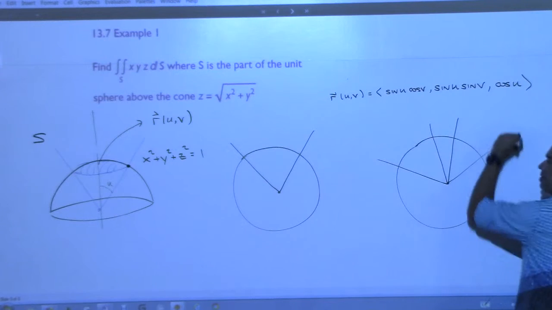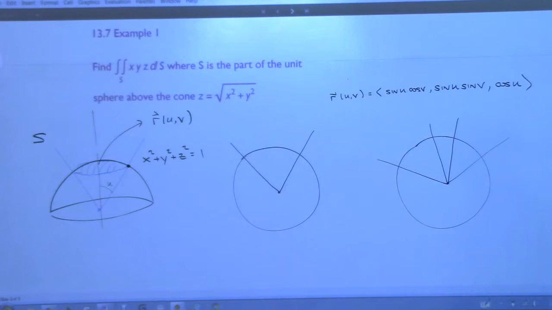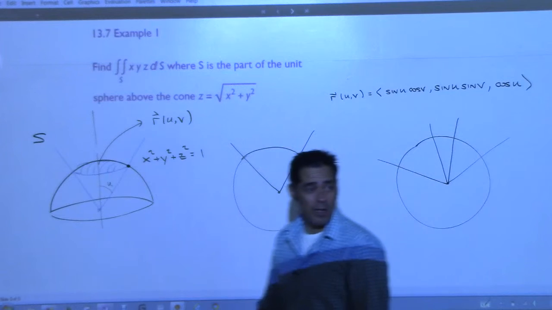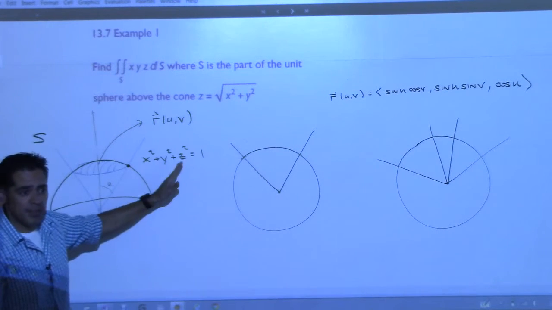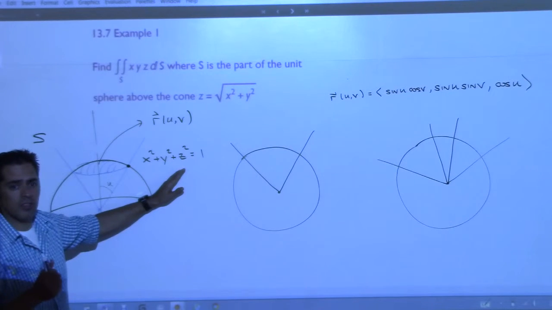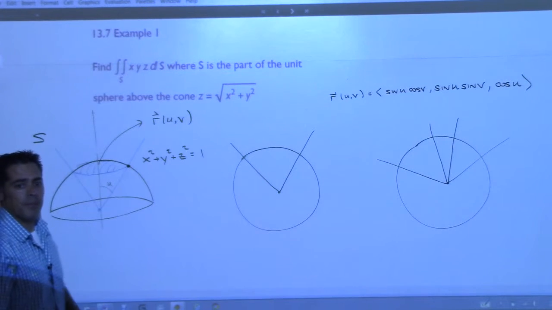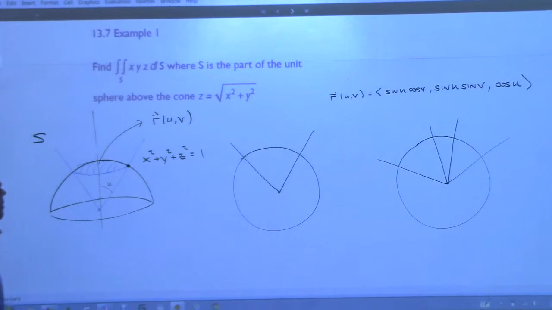So we have z equals the square root of x squared plus y squared, and the point where they equal each other, you set them equal. Yeah, that's what I wanted to hear. Did you have another suggestion? I was going to put it the other way around: z squared is equal to x squared plus y squared from the cone.